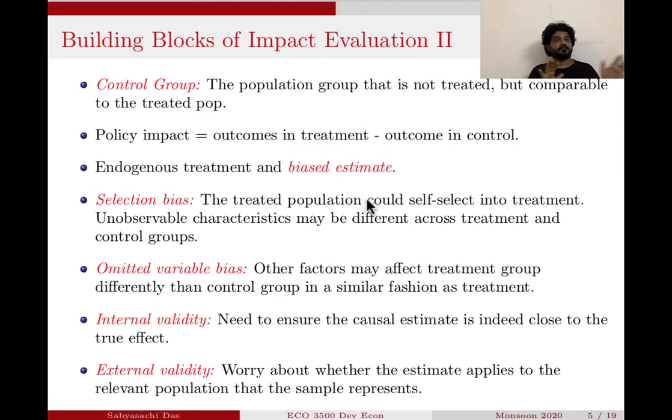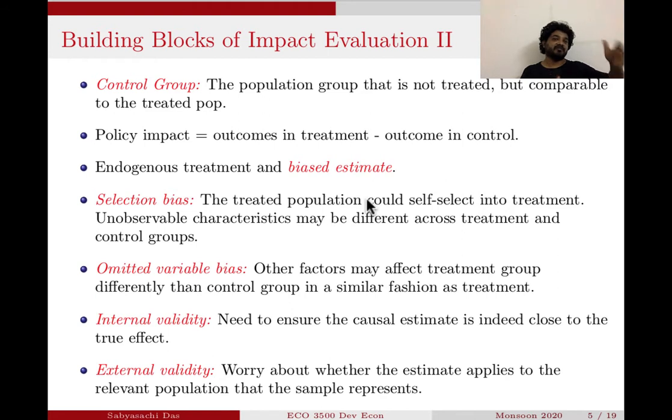They are similar in terms of their individual characteristics and various other features. They're a comparable group, but only the treatment group is getting treatment and the control group is not getting anything. This group will help us form some kind of counterfactual.